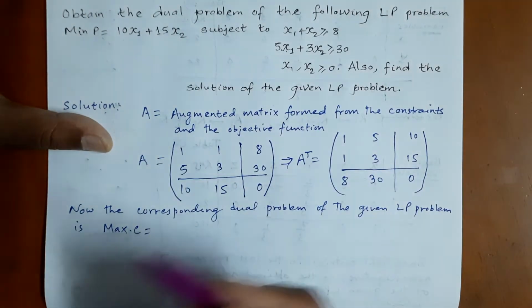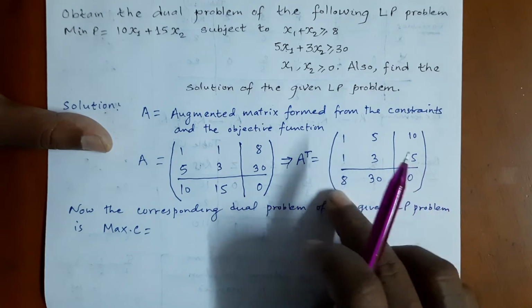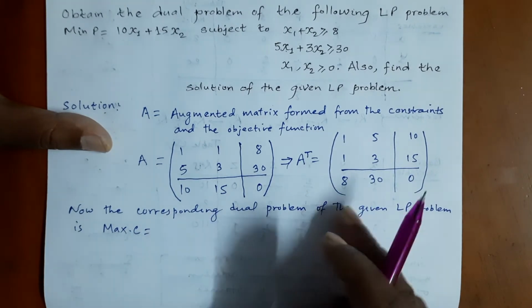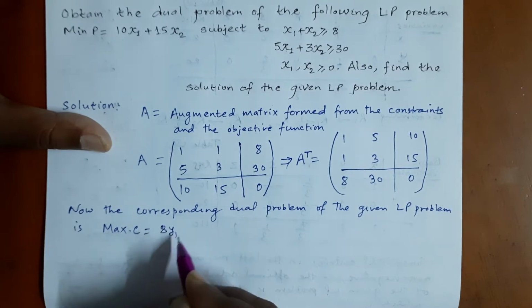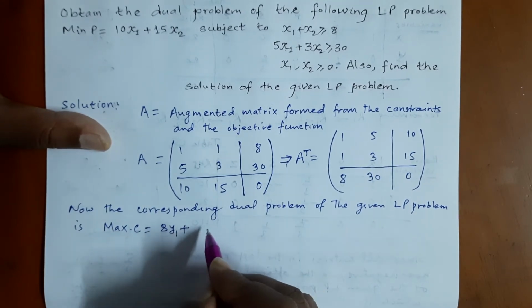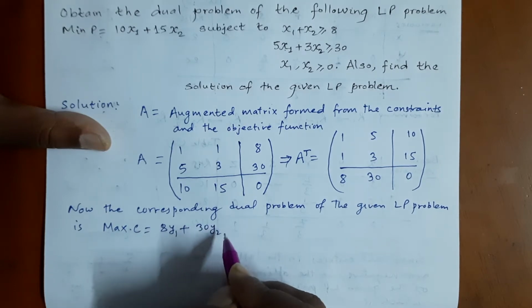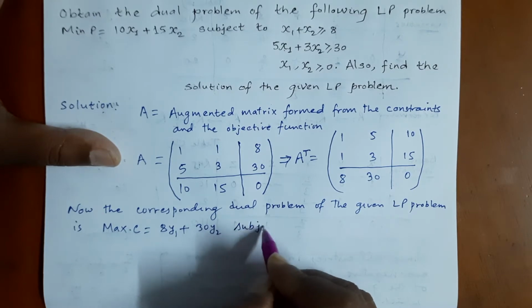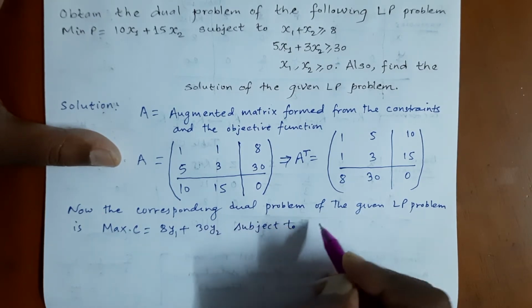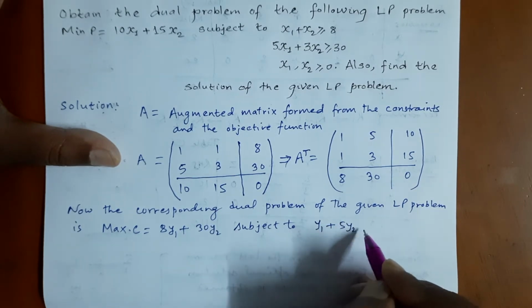Also we change another variable we use, that is this last row gives us the objective function, that is 8y1 plus 30y2 subject to y1 plus 5y2.